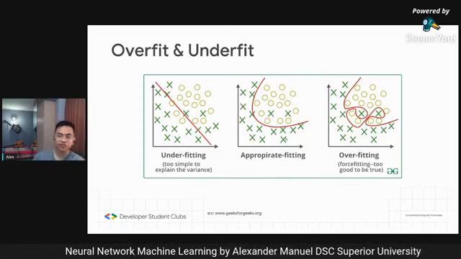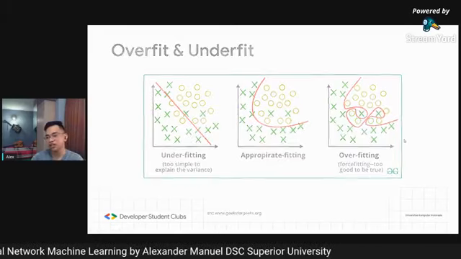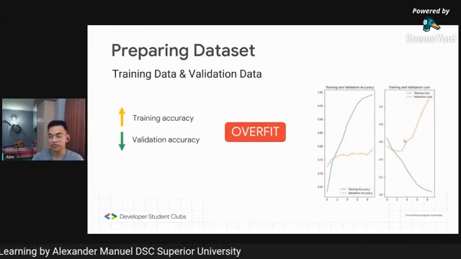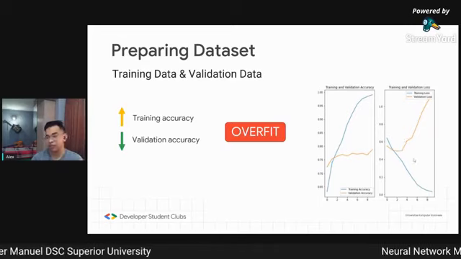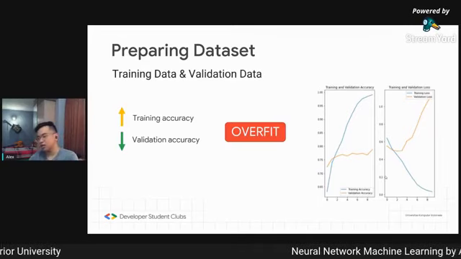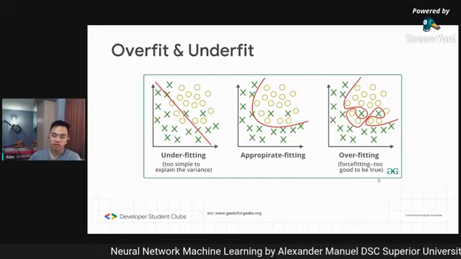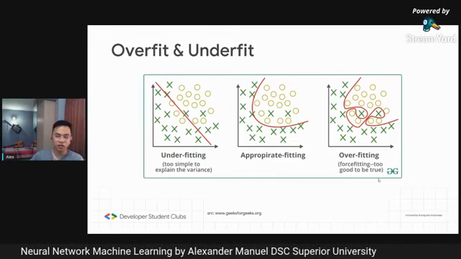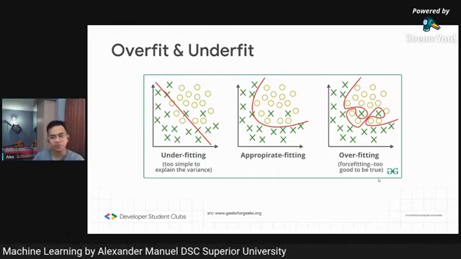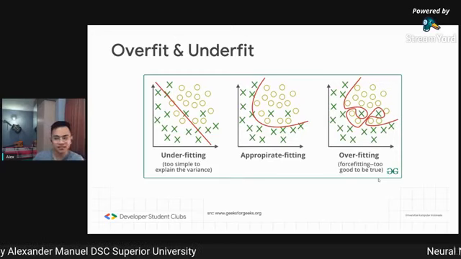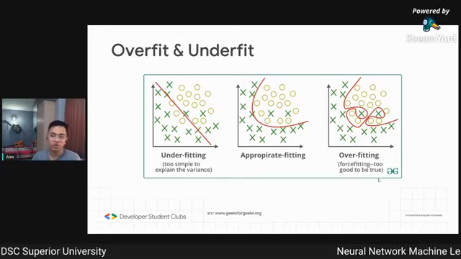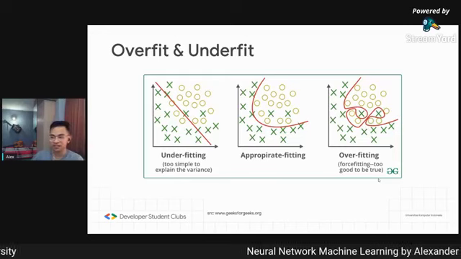That's overfitting. The definition of that can be explained by the chart actually. But for an intuition, overfitting is when the model learns the data, remembering the data, but doesn't know the pattern of the data.